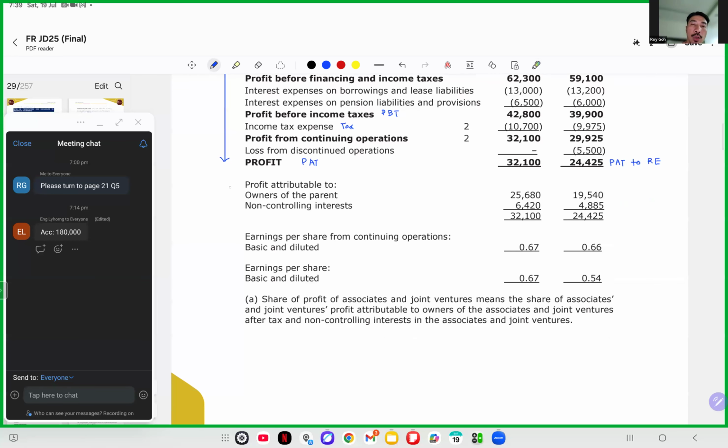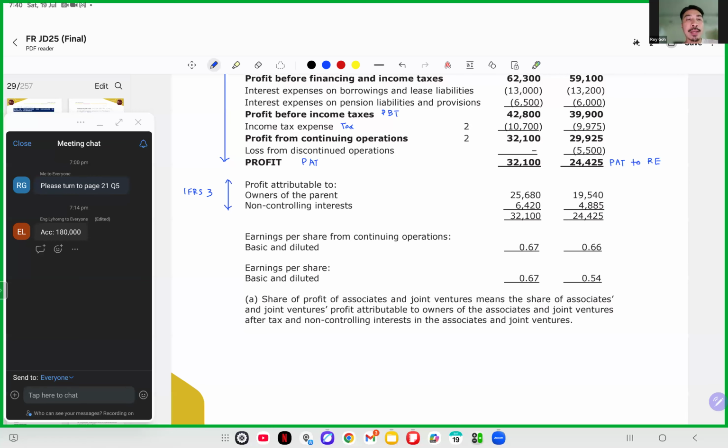Here is your profit after tax attributable. Attributable means there's a parent share of the subsidiary's profit, and then the shareholder, the NCI, are also shareholders of the subsidiary. The subsidiary profit goes to two parties. They go to the parent, they go to the NCI.